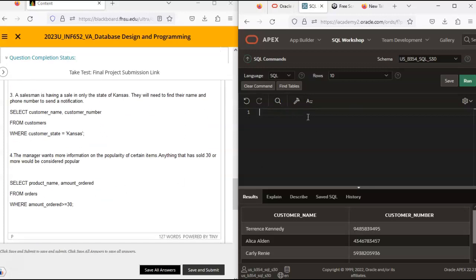And then lastly, the manager wants more information on popular items. Select product name and the amount ordered from the orders table where it is greater than or equal to 30.